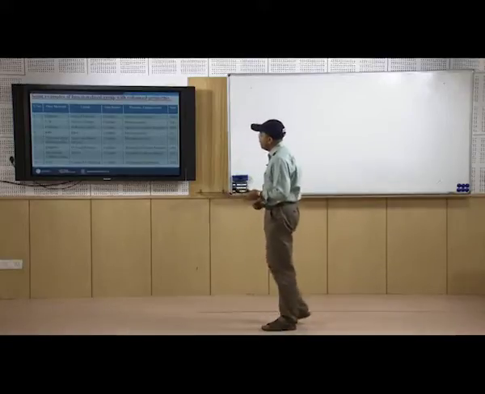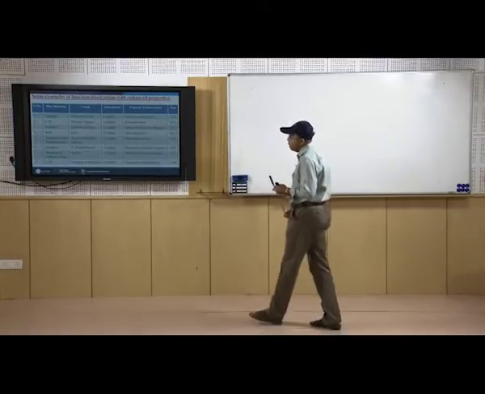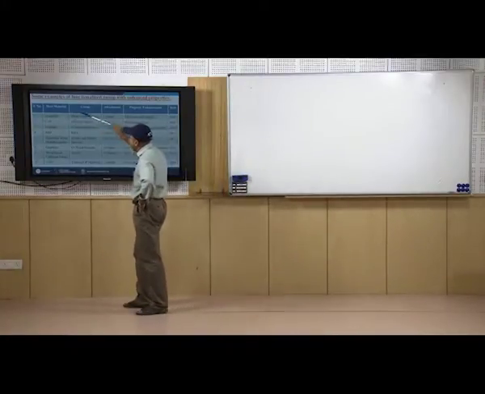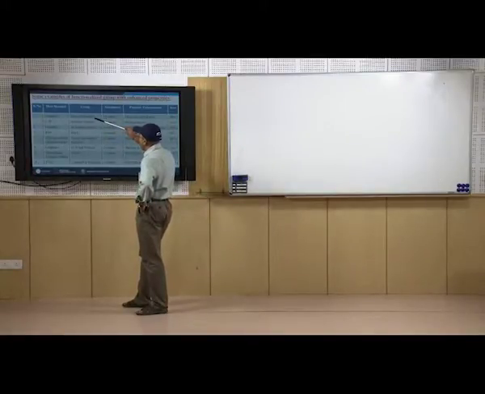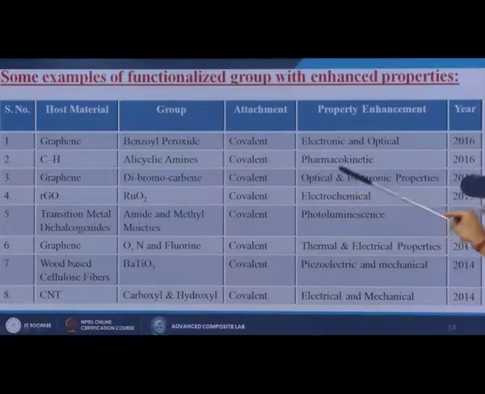Here are some examples of the functionalized groups with enhanced properties. First, we are using graphene as the host material. The functional group we are trying to attach is benzoyl peroxide, and the attachment is covalent, meaning covalent bonding is taking place. The property enhancement is generally electronic and optical properties, and it was done in 2016.